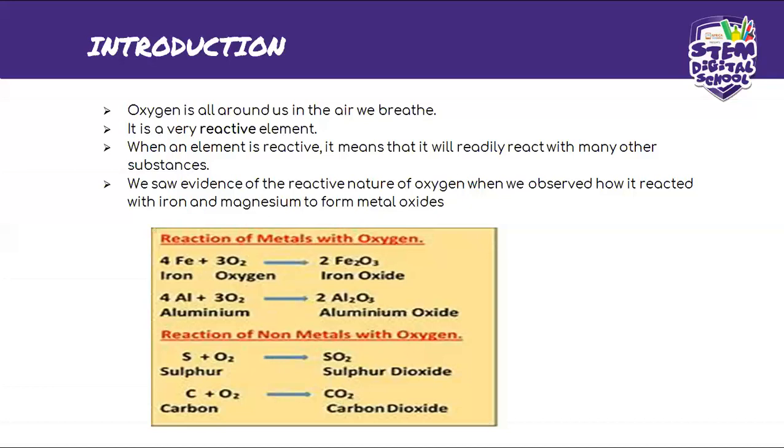Now, the first two equations are talking about iron with oxygen to give you what? Iron oxide, basically, which is what? Rusting. And then aluminum reacting with oxygen to give you what? Aluminum oxide. And remember, aluminum doesn't rust because the aluminum oxide that is formed will cover the surface of your aluminum, so it becomes a protective layer.